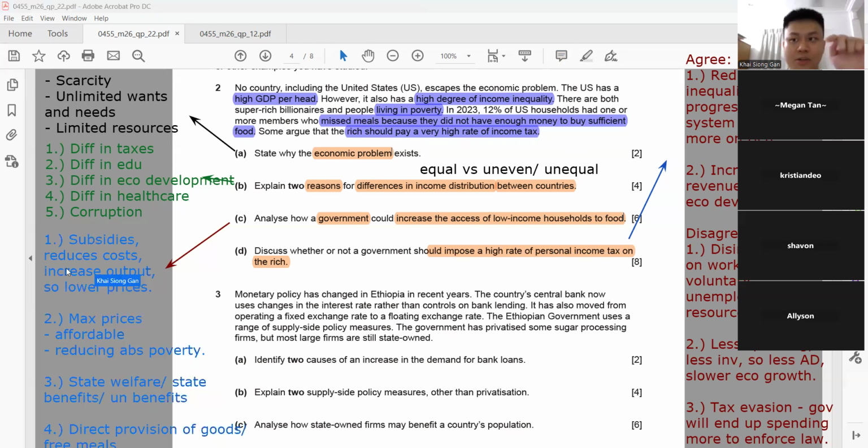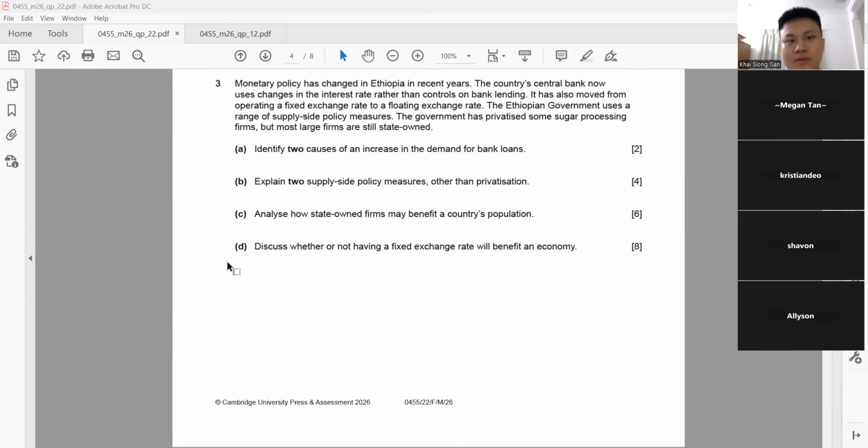So it's in the recording, so I didn't save this one, I erased. Okay, next one, quick one, just one question, then we are done. Monetary policy has changed in Ethiopia in recent years. The country's central bank now uses changes in the interest rate rather than controls on bank lending. It has also moved from operating a fixed exchange rate system to a floating exchange rate system.